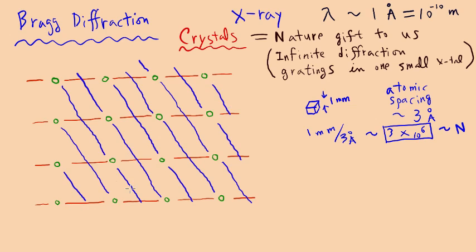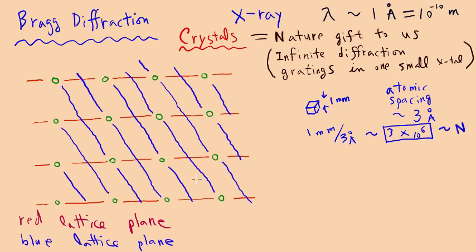And if you think about it, this set of red crystal planes, or actually the more correct name is lattice planes, this red lattice plane, there's a red lattice plane, and then there are these blue lattice planes, and can you see that there are actually infinite ways of coming up with different lattice planes?